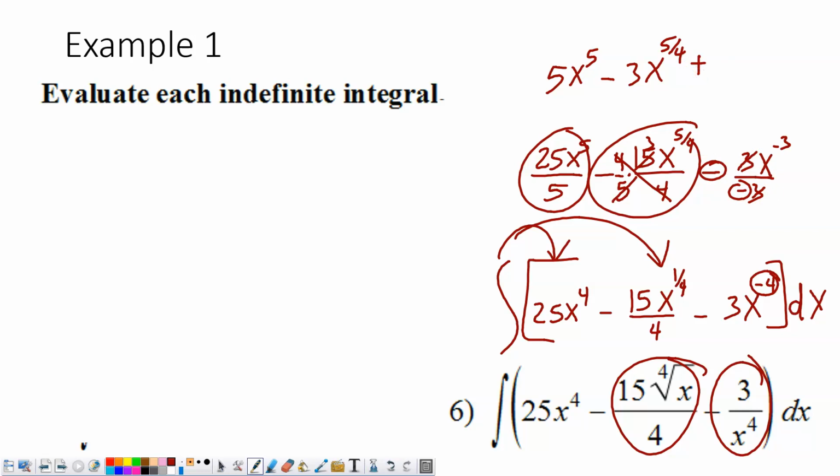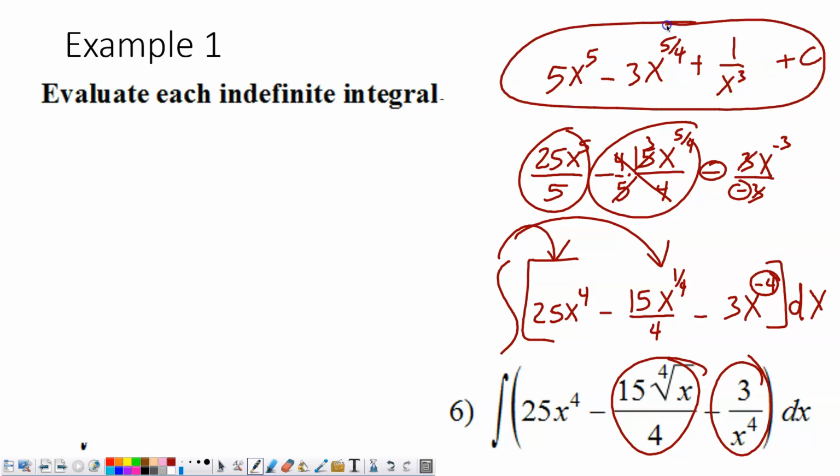And the x to the -3, I wouldn't leave it like that, although you could. Let's not forget our plus c. But they'll probably rewrite that x to the -3 as 1 over x to the 3rd, but technically it would have been fine either way. In the same way, you could write this one here as a radical again, but my guess is that's probably how they would write it on the answer key.